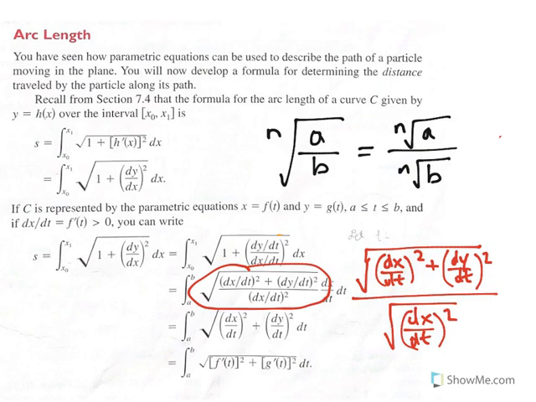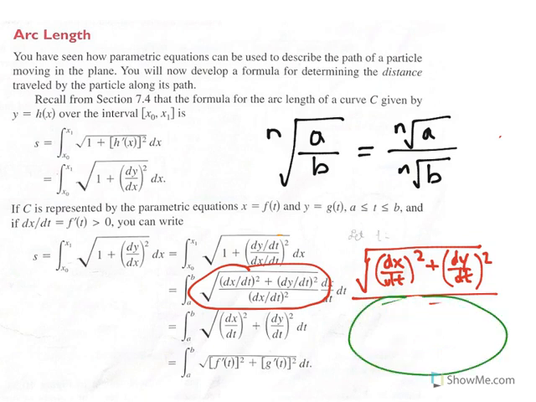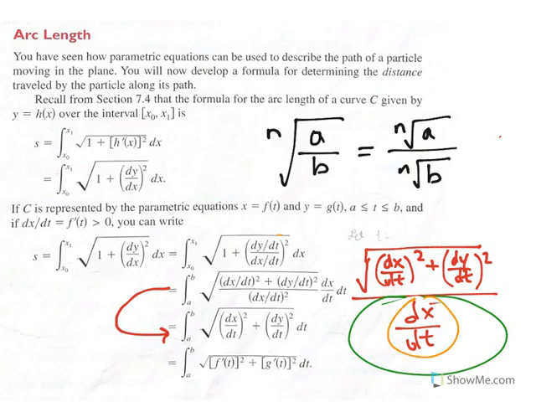And of course, when you have the square root of a quantity that is squared, they undo each other, and you will just be left with dx/dt in the denominator. And what happens with that dx/dt as we go from this line to the next? That dx/dt will cancel with the dx/dt there to just leave you with dt. And for the integrand, you will just be left with the numerator that you have there.